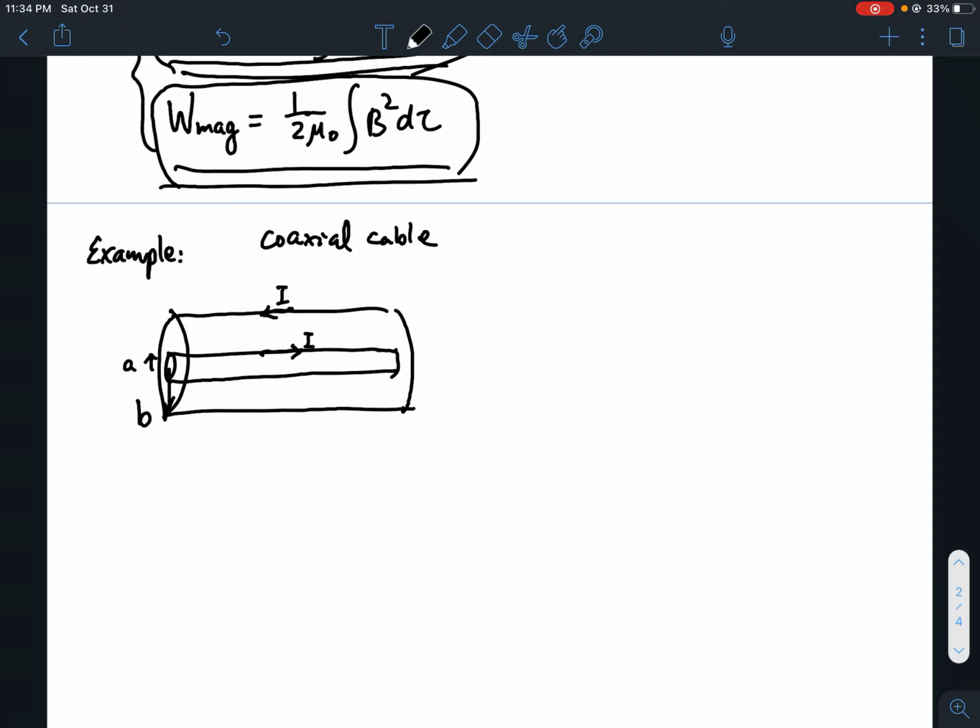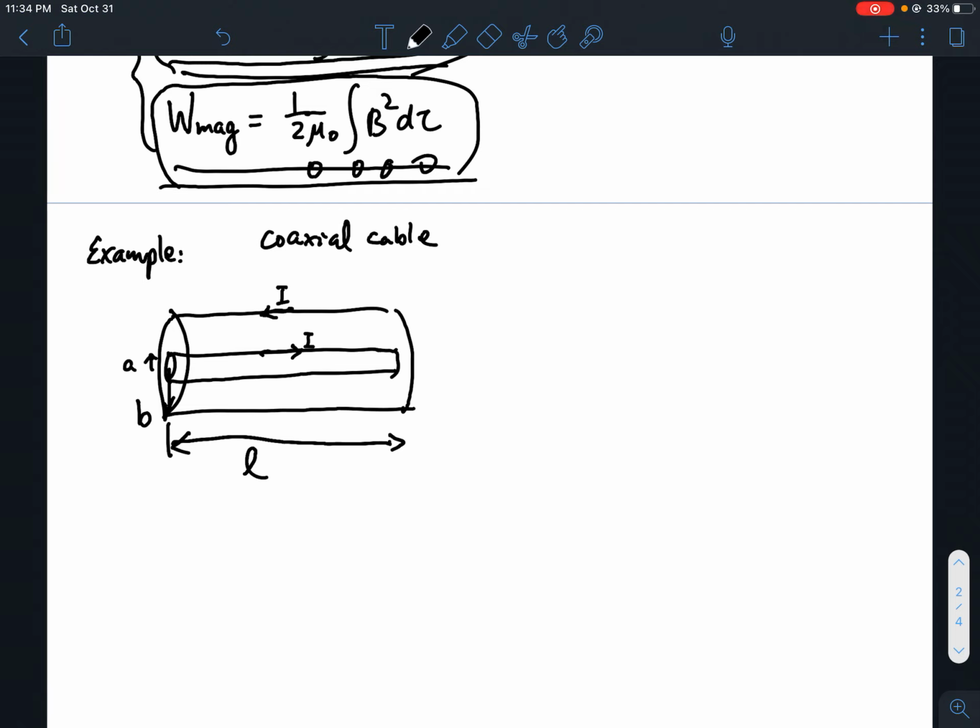And we want to find out the magnetic energy stored in this section, with a length of L, let us say. In order to find the energy, what we really need is this integral, the formula that we are showing here.